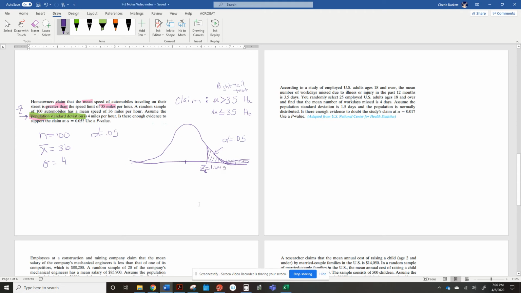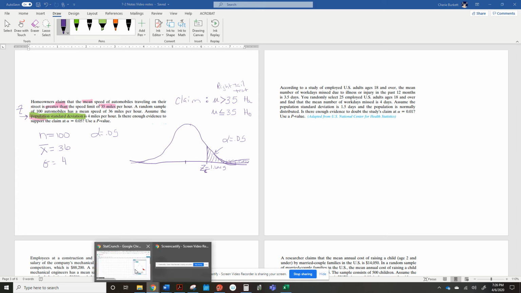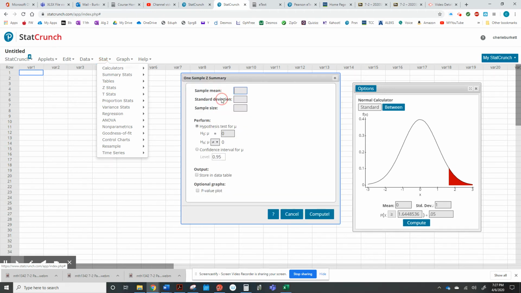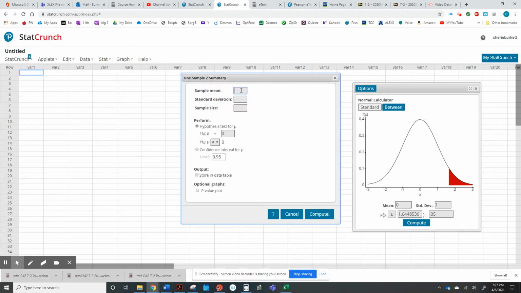Now I'm going to go to the StatCrunch calculator. Remember what we did? We do Stat. This is a Z thing, so we do one sample with summary. I'm looking at my notes. I wrote down that the mean was 36, the standard deviation was 4, and the sample size was 100.